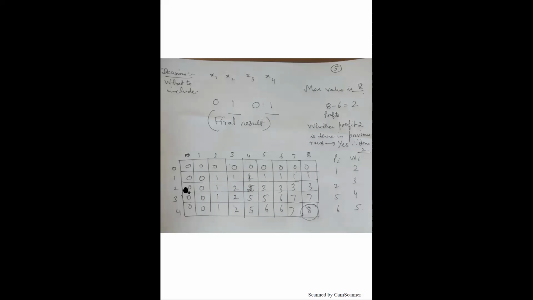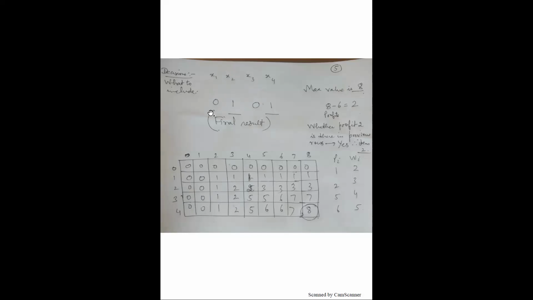In row 2 also 2 is there, right? Is there any 2 in row 1? No. So that means this profit of 2 has come from item 2, not from item 3. Therefore, I put 0 against item 3, 1 against item 2, and 0 against item 1.